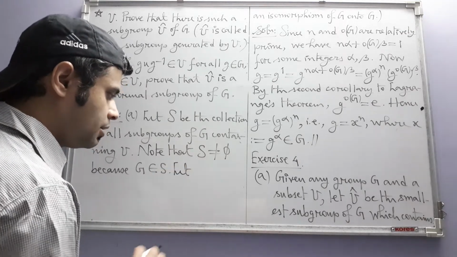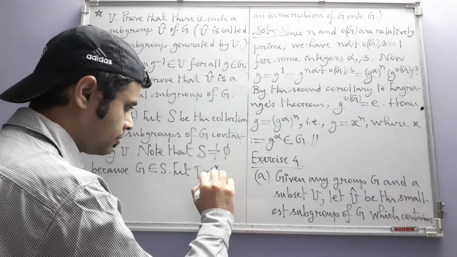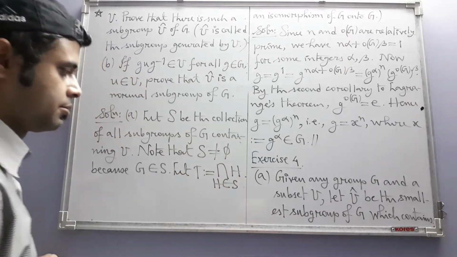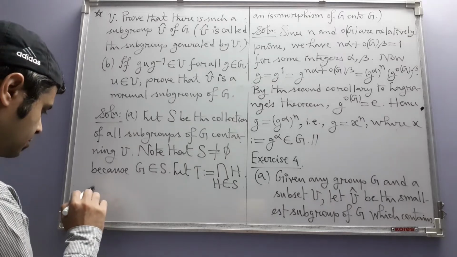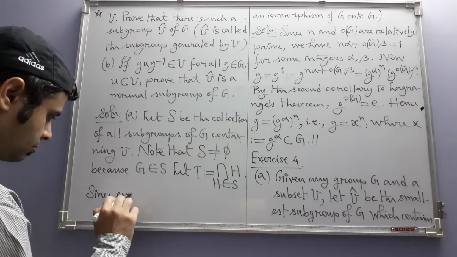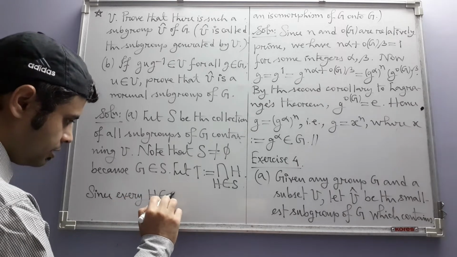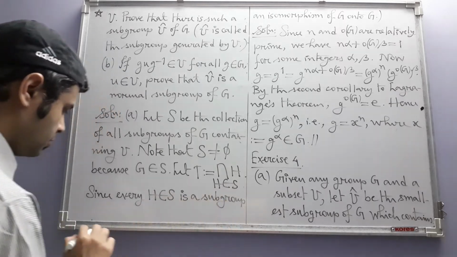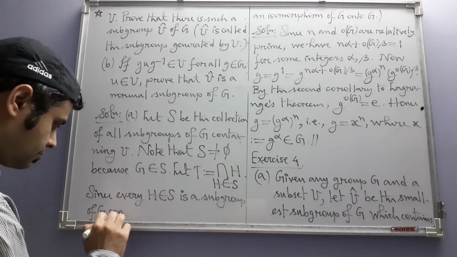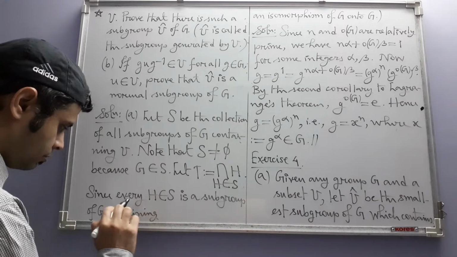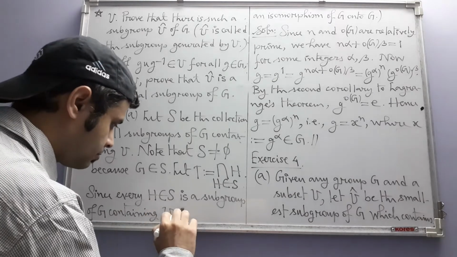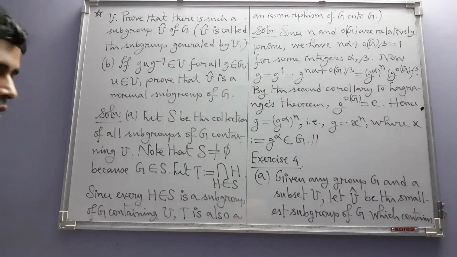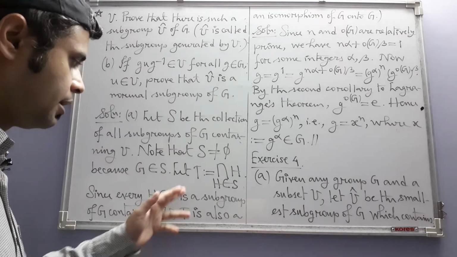So since S is a non-empty collection, there is no problem in considering the intersection of all the elements of S, call it T. Since every element H in S is a subgroup of G containing U, T is also a subgroup of G containing U. There are two things here.